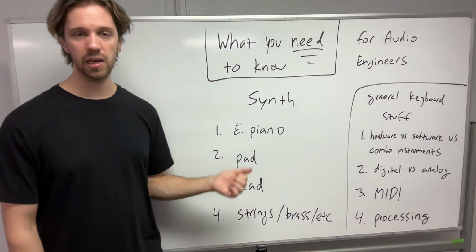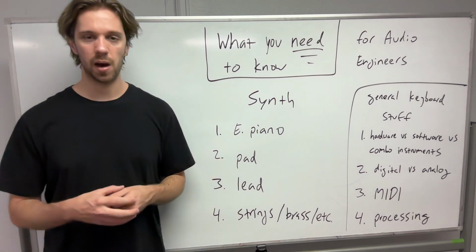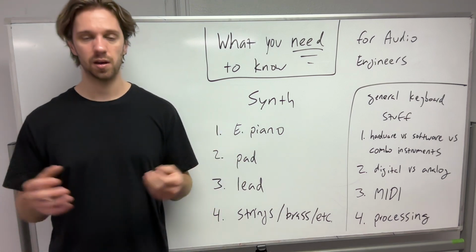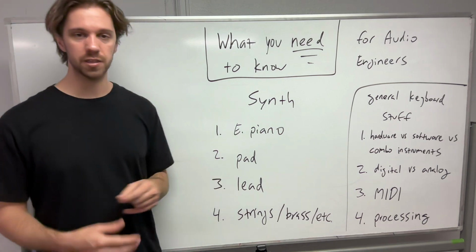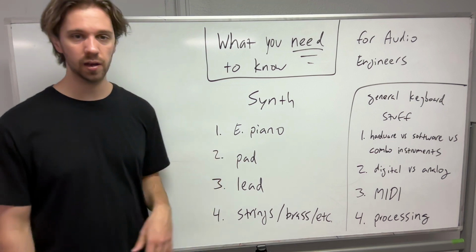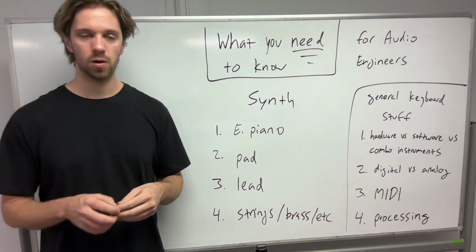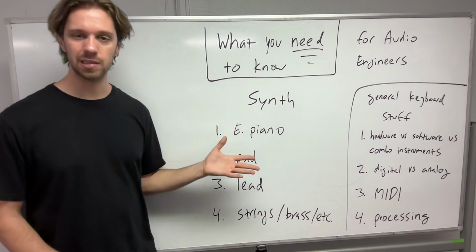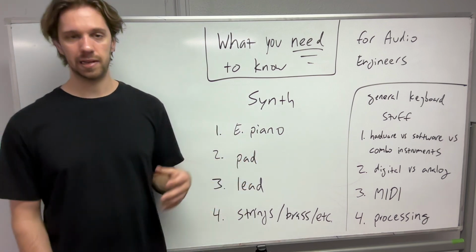Then we have a lead sound, and a lead sound is kind of the opposite of a pad sound. The way that you play a lead sound is to play a melody, like the hook of a song. So two very different kinds of sounds, and there's lots of variety in how a pad can sound and how a lead can sound. One is dark and slow, the pad, and the other is bright and melodic, and that's the lead.